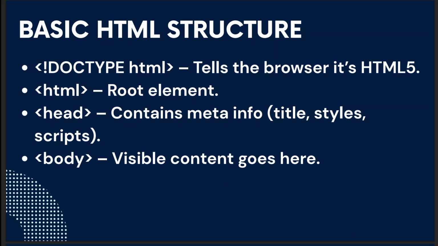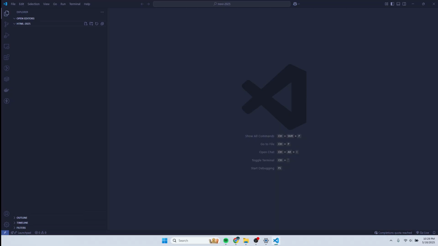So I'll just go to VS Code and click on our folder html5-2025, and there's this icon here. You can see when you hover over this icon. Let me just zoom. Okay, so when you click on this or hover on this icon, you can see new file.